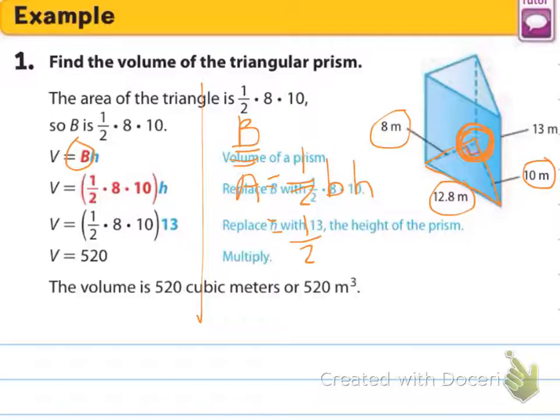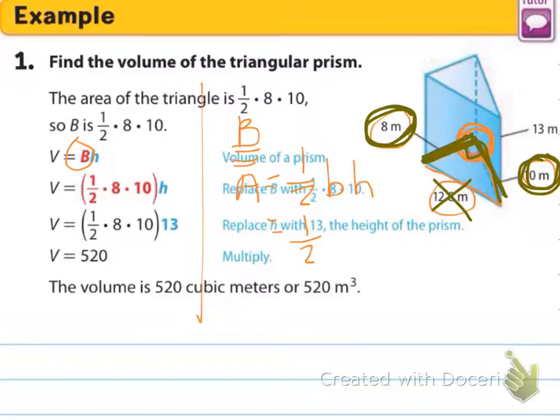This right angle right here tells me that this is my base and this is my height. Or this is my height, this is my base. It doesn't matter. The height and the base come to each other at a right angle, and so I'm using the 8 and I'm using the 10. Right now I'm not using the 12.8, and honestly I don't know if I'm going to use it at all.